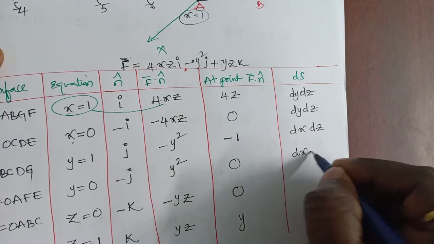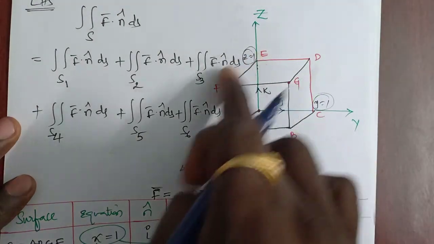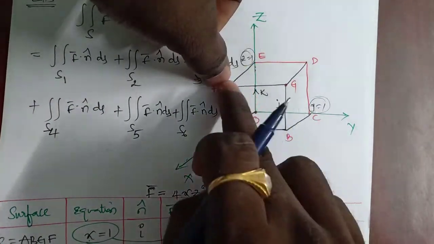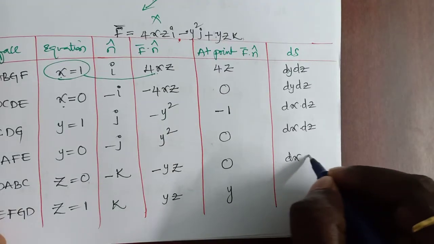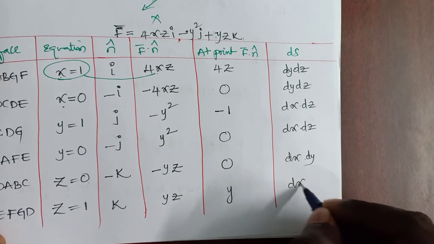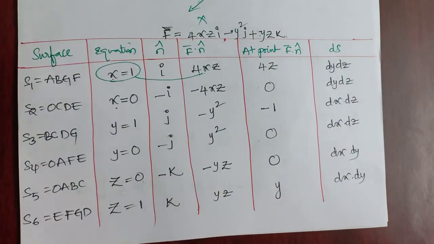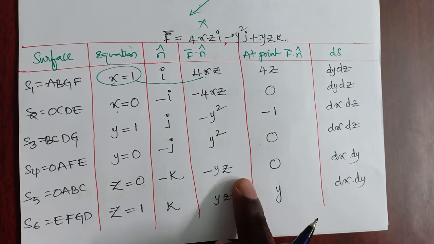The opposite face is also dx into dz. Finally, the upper surface is along the x axis and the y axis, so dx into dy. The other one is also the same, dx into dy. So this is the very important box and very easy.